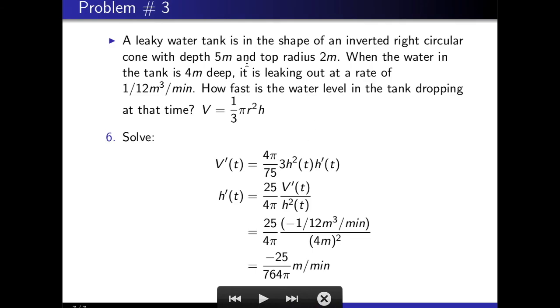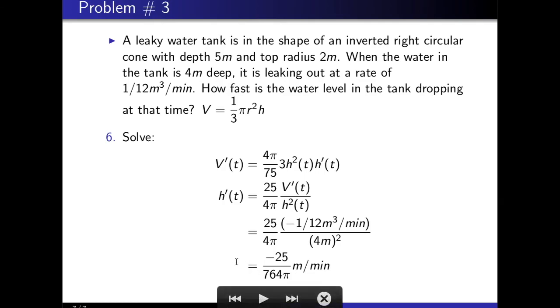And we're looking at this when the tank is 4 meters deep, so our h of t will be 4 meters. And when we simplify things down, we get minus 25 divided by 768 pi meters per minute. So again, h prime is negative, so it tells us that as time is increasing, the water level is dropping. That makes sense. That's exactly what we'd want.